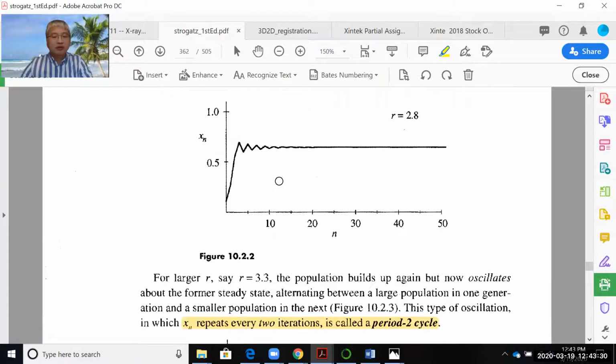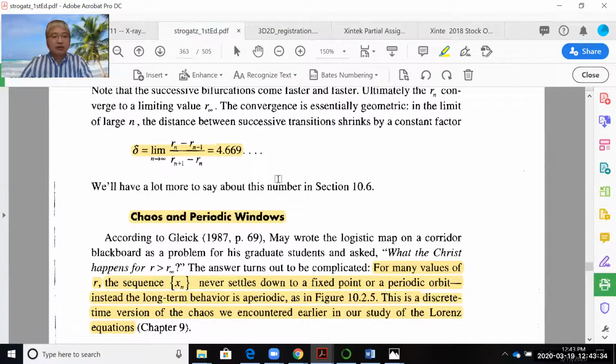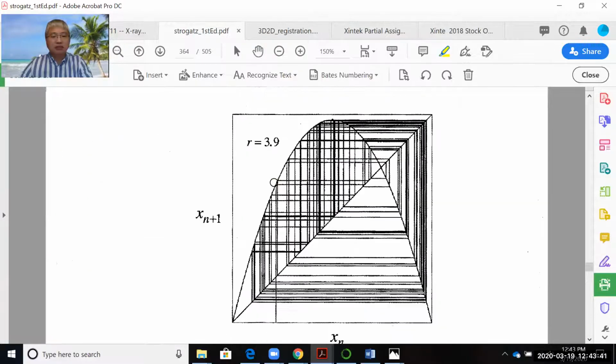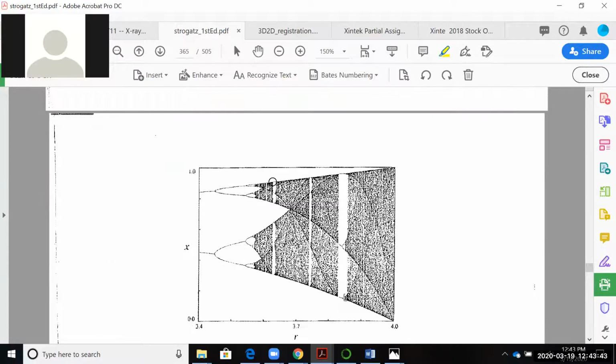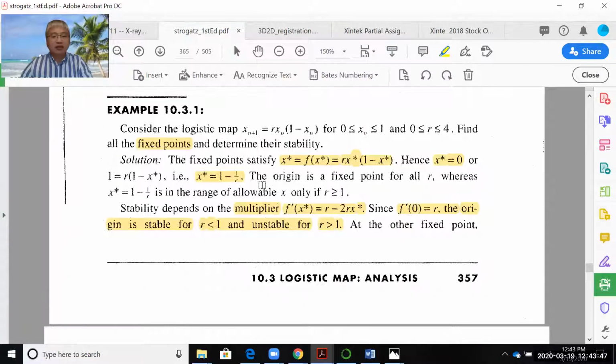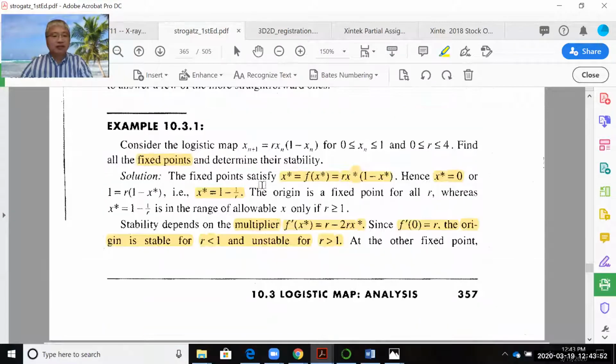Yes. Chaos and the period window. Did I talk about chaos and the period window? Yes, you did. I think we stopped right after that. I think we were just at the beginning of analytical analysis, right? Yes.